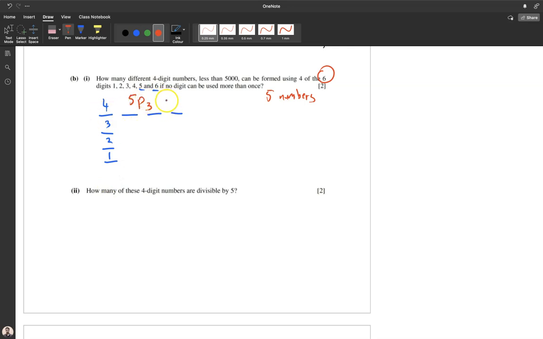You're arranging numbers, and arrangement in numbers matters. 4, 1, 3, 5 and 4, 3, 5, 1 both have completely different values. Therefore you use permutation. This will give you 60. Here is 5P3 as well, 5P3, 5P3. Since there are 4, you just take 60 multiplied by 4. So you get 240 different 4-digit numbers.